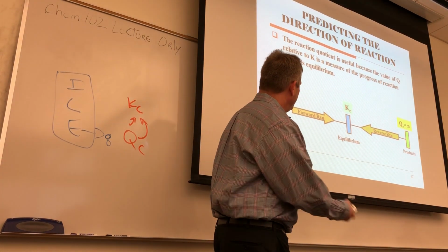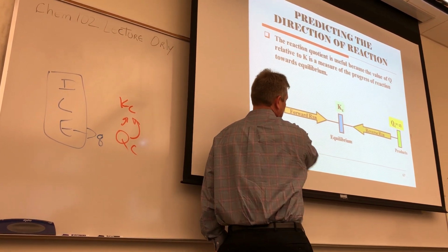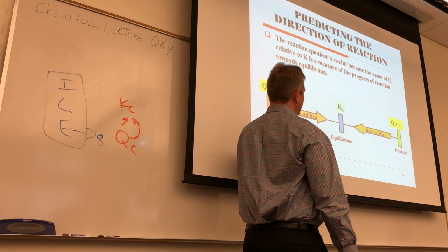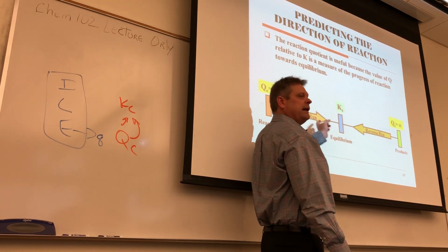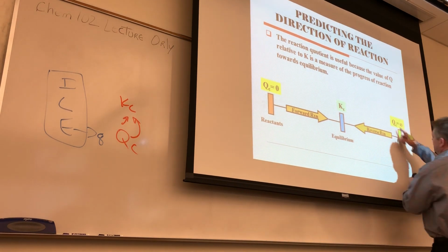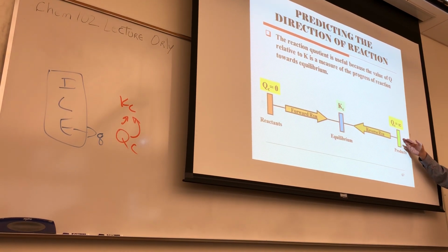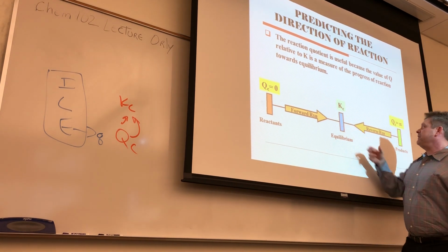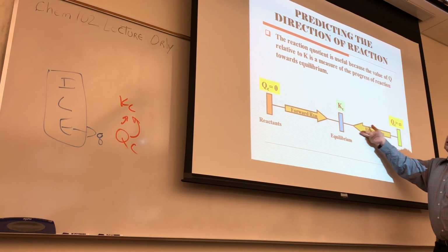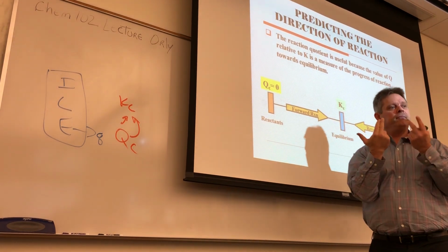And I now say, okay, if my Qc is 0, I'm clearly going to move from the reactants towards the equilibrium in this direction. If my Qc is really, really high, let's call it infinity, then I'm way over favoring the products. And it's likely nowhere near my Kc, so then the reaction would be favoring going backwards to stabilize into that dynamic equilibrium.